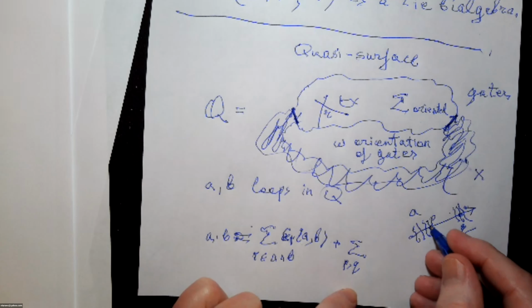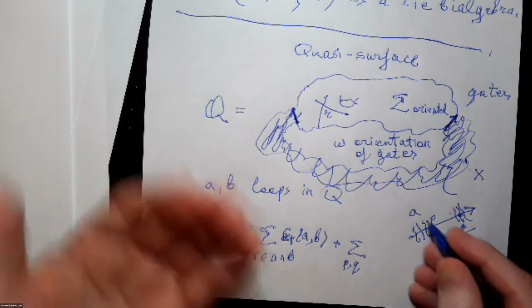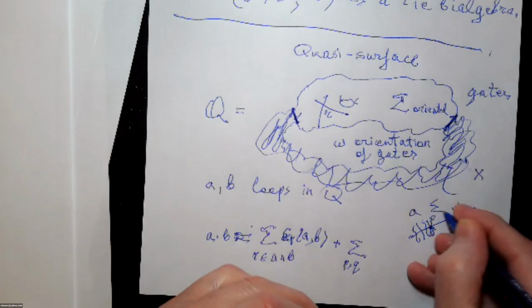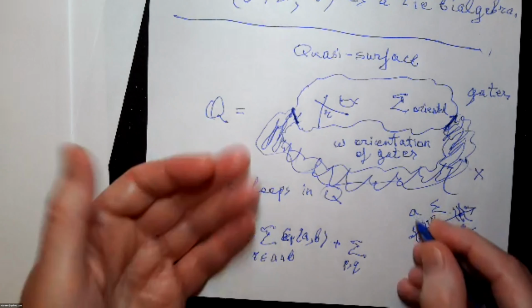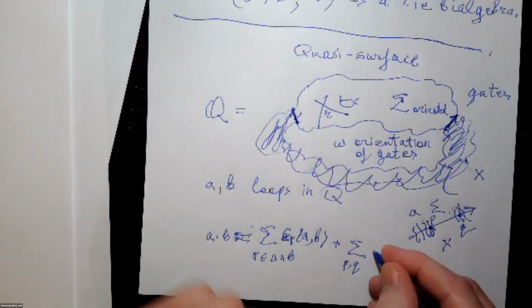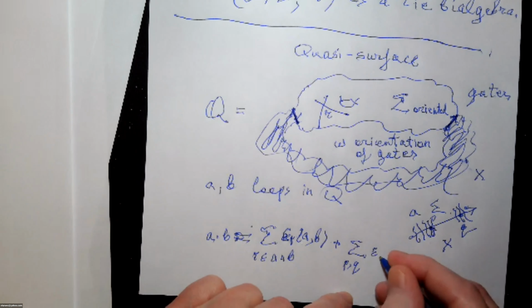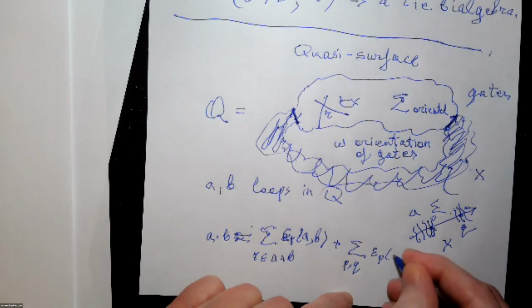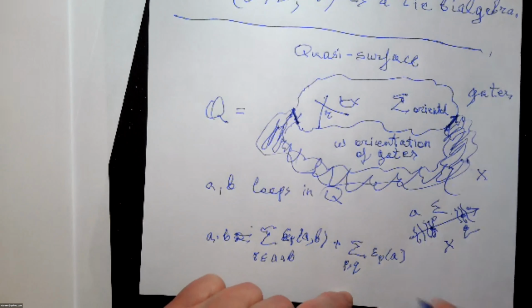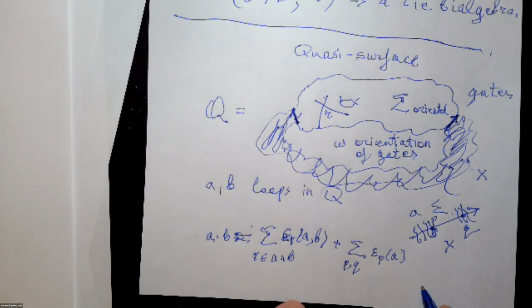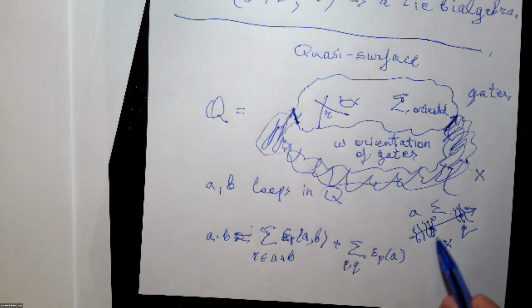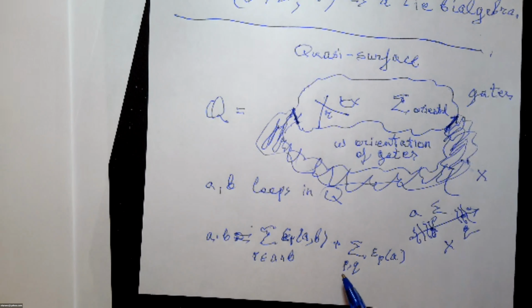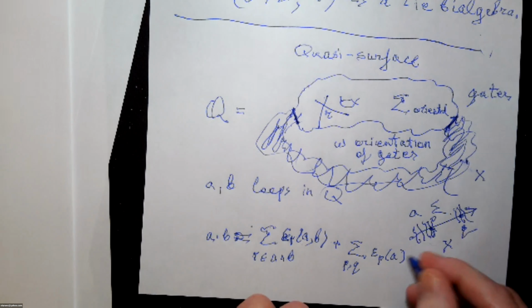And yes, each loop crosses the gate either from sigma, from the good part to X, or it goes from the bad part to sigma. So there is a sign which indicates the direction of the loop, and this point P, it is plus if the loop goes from sigma to X, and it is minus if the loop is directed from X to sigma. And we take the product of these people.